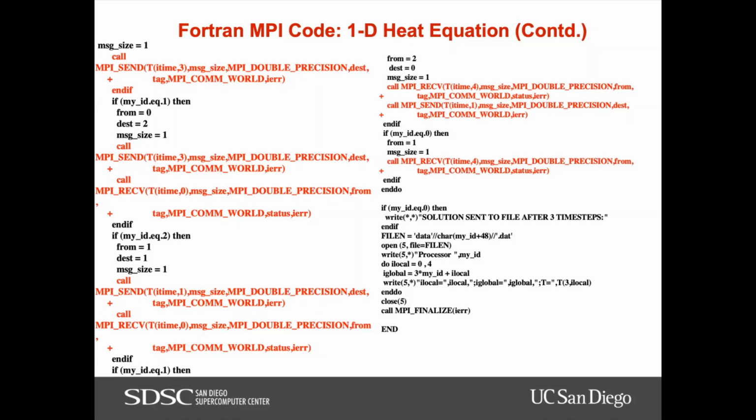And if you look at most of the standard codes, they will have all kinds of options for IO. Like if you look at the weather code WRF, for example, it has the option of sending everything to processor 0. It has the option of writing a file per core.